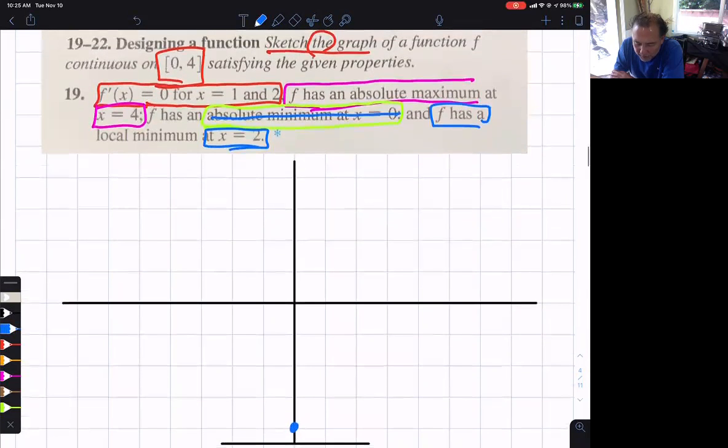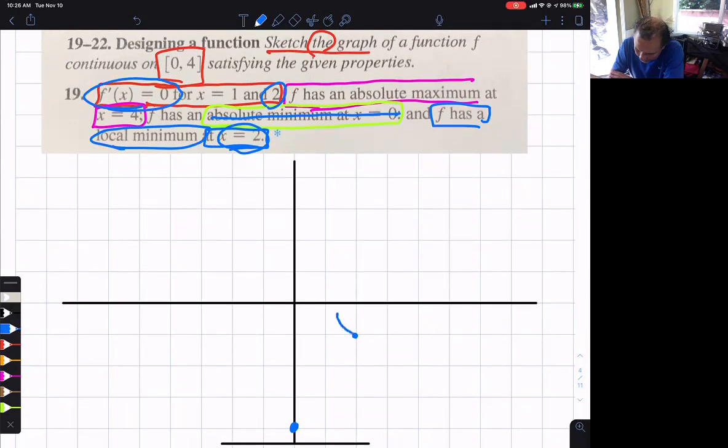F has a local minimum at 2. So let's look at 2. Two things are happening at 2. At 2, we have a local minimum, and at 2, the derivative is 0. I don't know where it is, so I'm just going to pick that. You could have picked anywhere, but it's going to be a local min, and the derivative is 0.